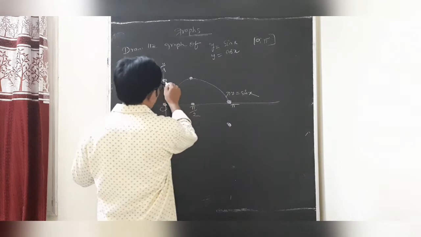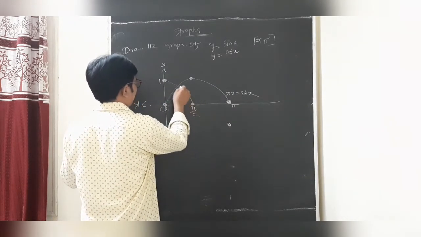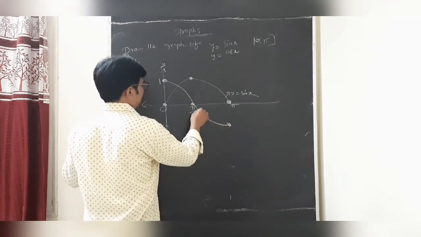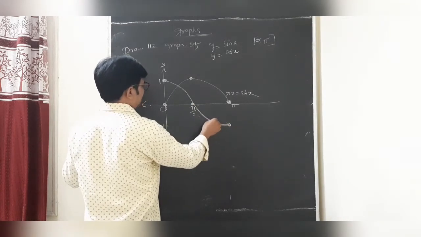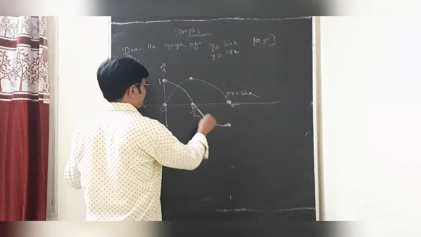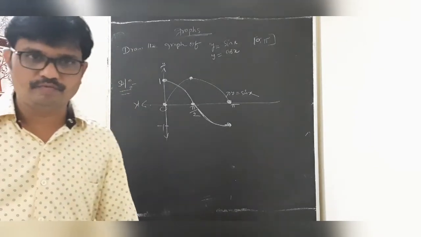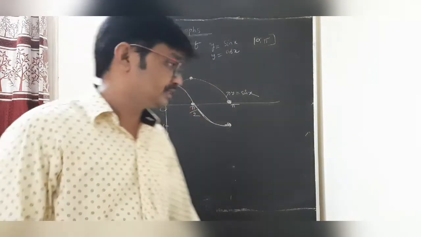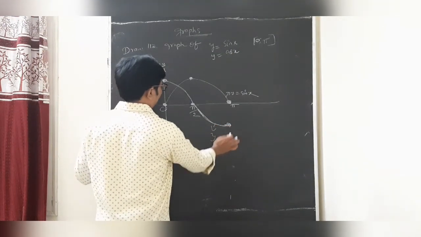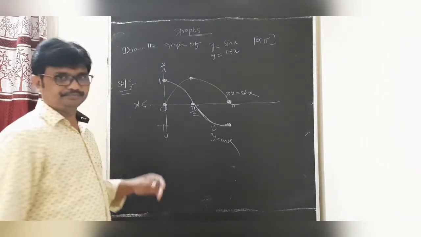So students, this is the graph of y equal to sin x and y equal to cos x in the interval 0 to pi. This is y equal to cos x. Okay students, write down.